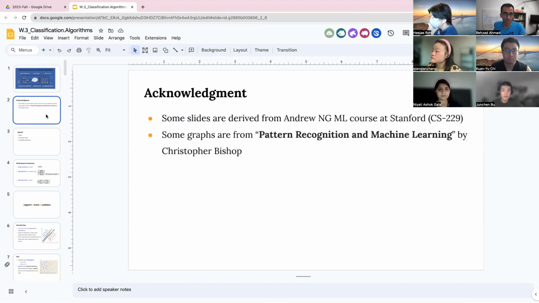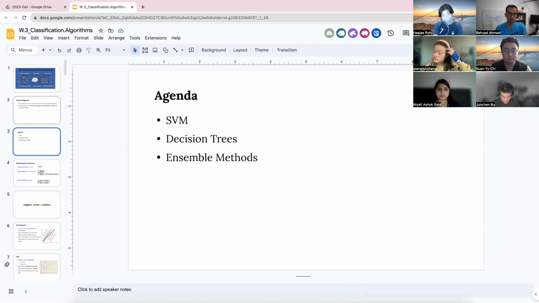So again, some of the slides here are derived from Professor Andrew Ng's ML course at Stanford, and some of the graphs are inspired by the book by Christopher Bishop, which is Pattern Recognition and Machine Learning. We're going to talk about, and actually that's a lot of topics for one course, so we'll see if we can get through all of it.